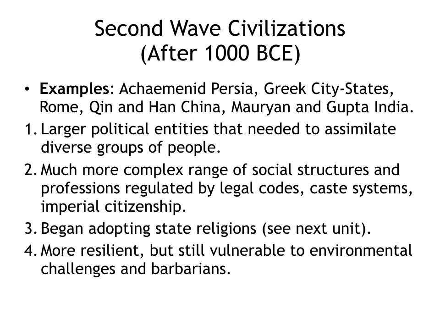The next set of textbook notes, this is the last week of textbook notes in this unit, concerns second wave civilizations. And second wave civilizations are those groups of more complex civilizations that typically arose after about 1000 BCE.